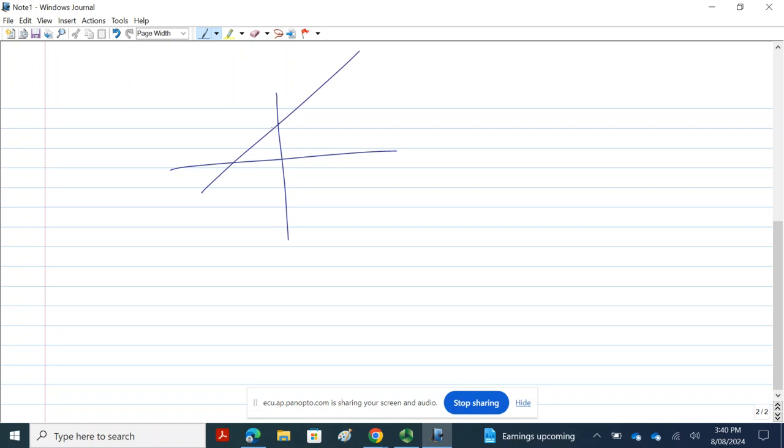So let's say this point is b, and this line has the slope of m. What's the mathematical representation of this? Let's say this is t, and this is, I don't know, x.